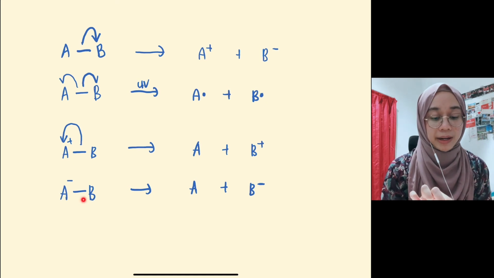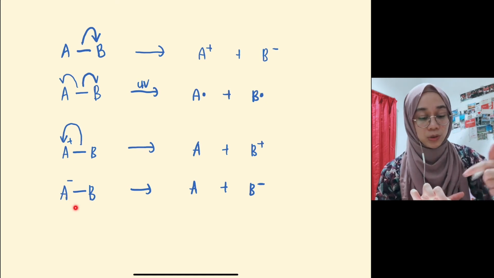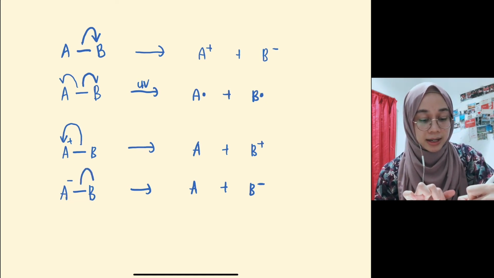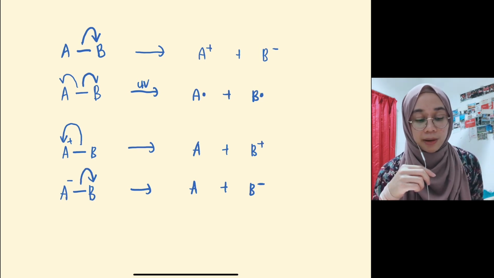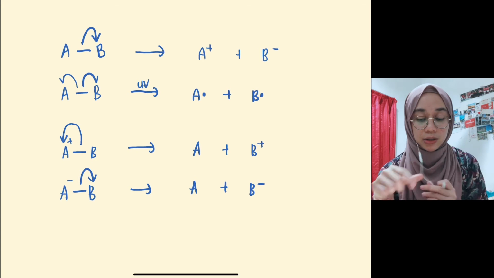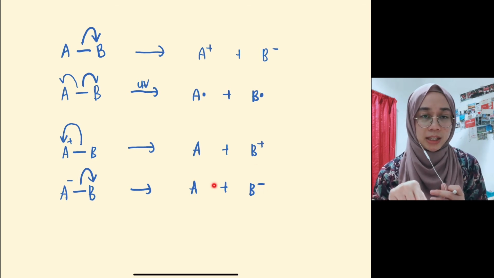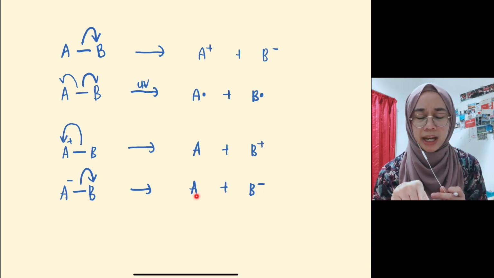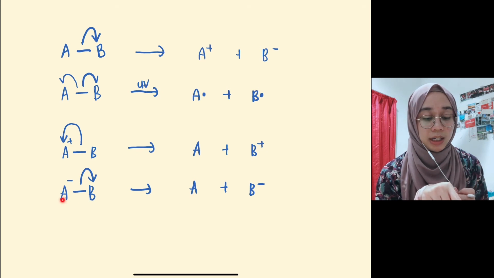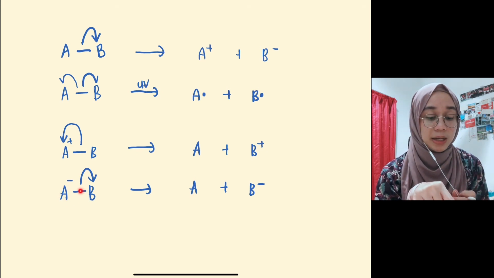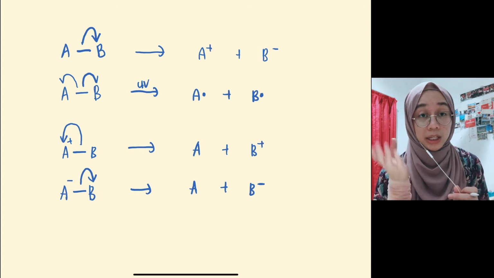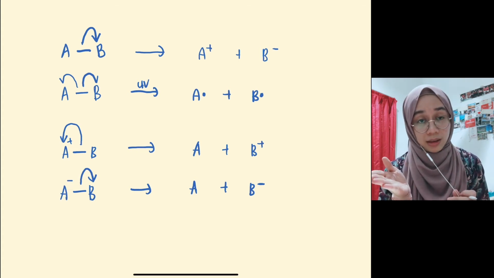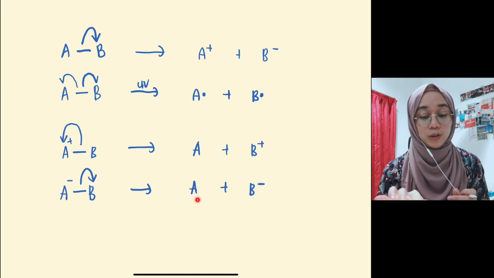Dia terima daripada A. Okay, bermaksud dua elektron ni akan bergerak ke arah B kelas. Okay, so bila dia B menerima, so dia dapat negatif. Tapi kenapa pula A ni jadi neutral? Because initially dia adalah negatif. Tapi since dia memberi elektron dia, so negatif and then tambah memberi tu jadi tambah. Negatif dengan positif, you get a neutral one.